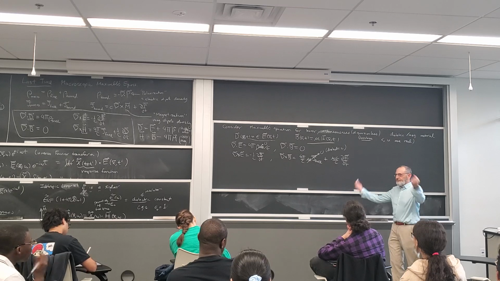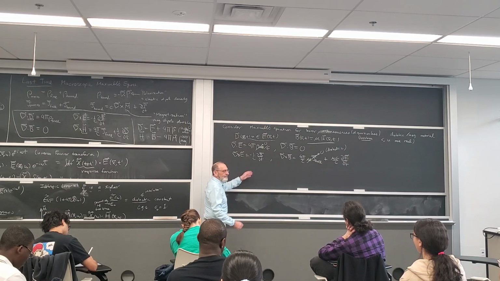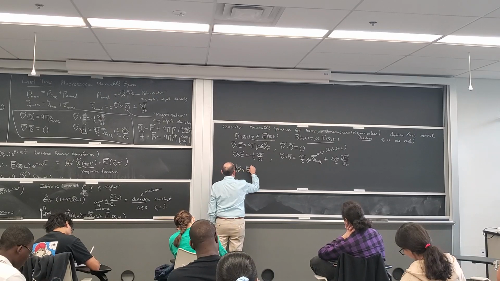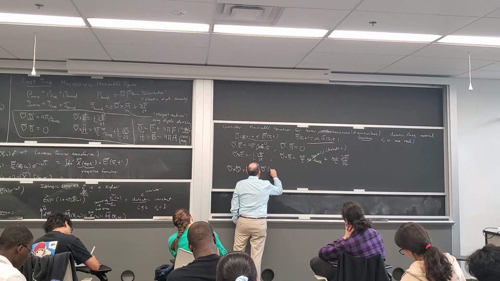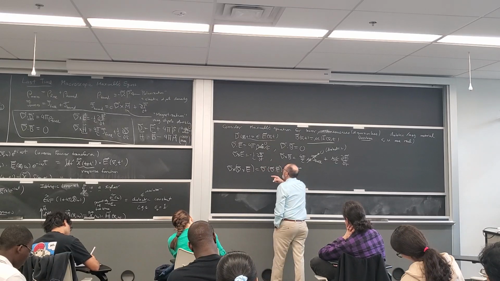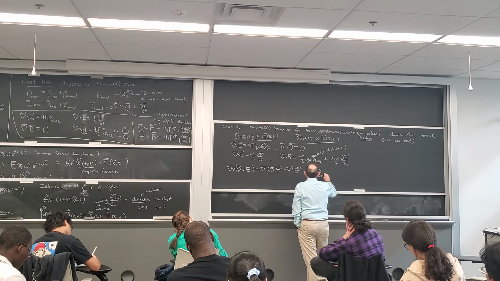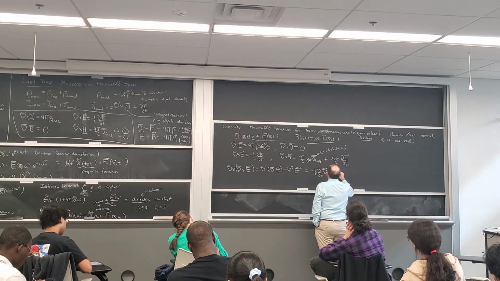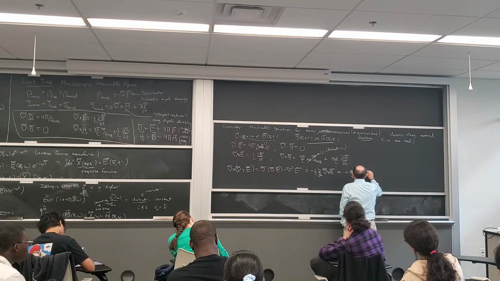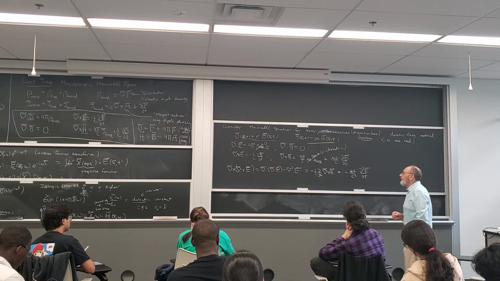I take the curl of the curl. Using the old back minus cab rule, this is equal to the gradient of the divergence of E minus the Laplacian of E, which is equal to minus 1 over c d/dt of the curl of B, which is equal to minus mu epsilon over c squared d squared E/dt squared.